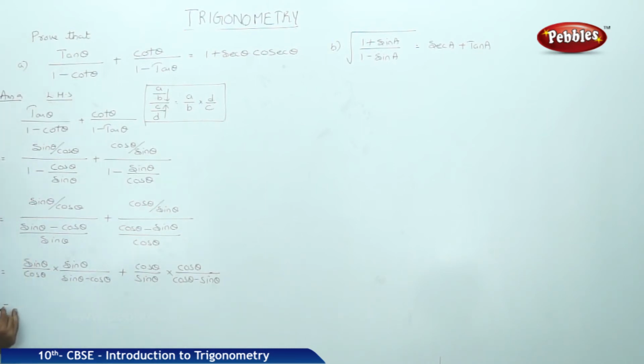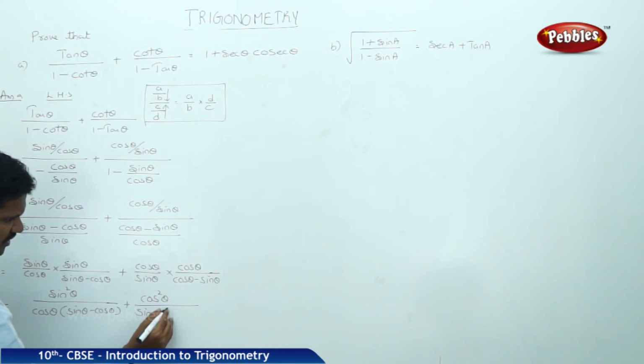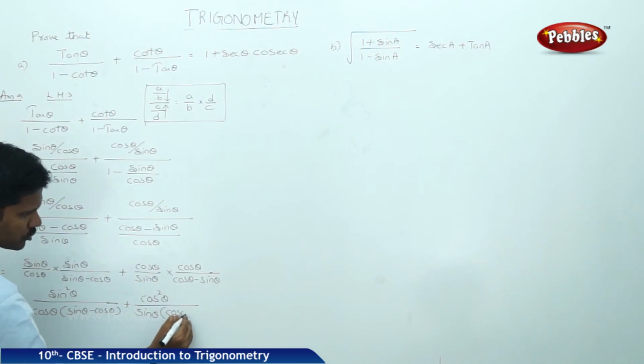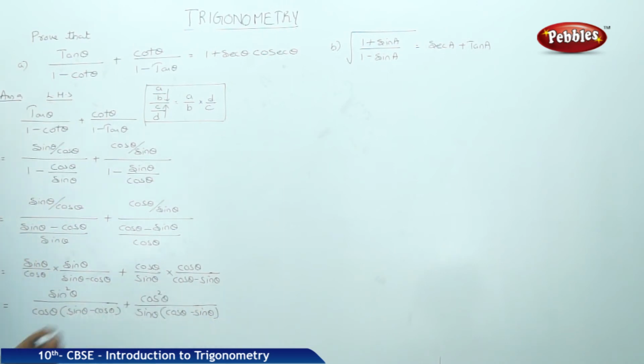Now that is equal to sin theta into sin theta, sin square theta by cos theta into sin theta minus cos theta, plus cos theta into cos theta, cos square theta by sin theta into cos theta minus sin theta.